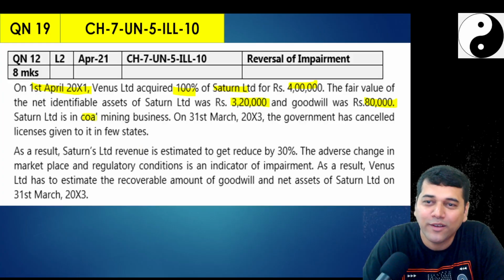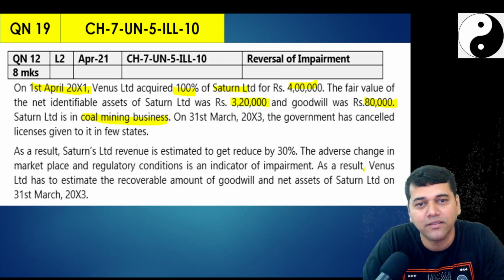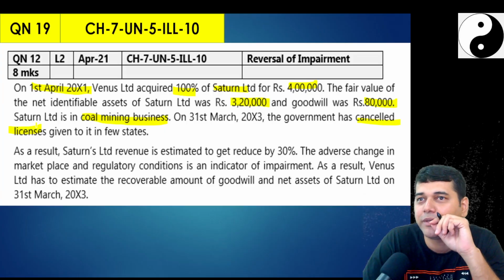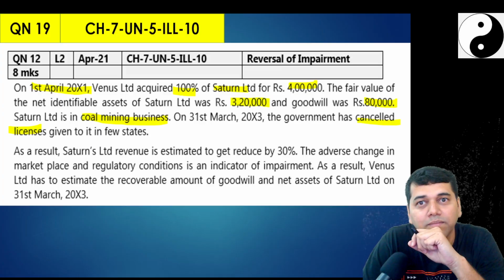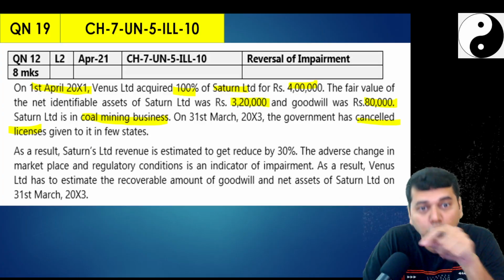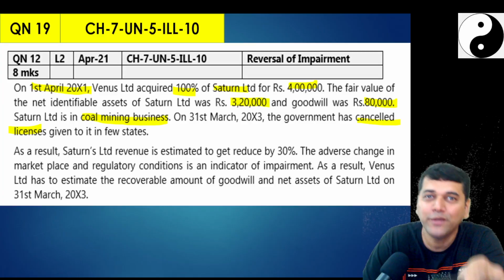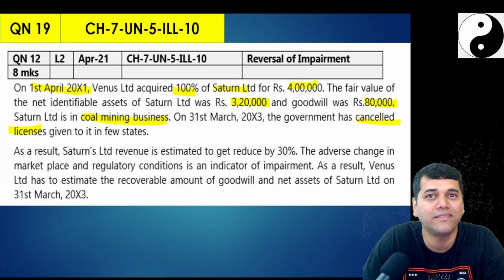Now Saturn is in the coal mining business, then you will wonder why they have given this, and the government cancelled the license. In 103, never ever did license cancellation come into the picture. Oh, maybe this is impairment, because this is an indicator. This can be an audit question also. Simply, the moment you see this, impairment should strike you. Government cancelled.